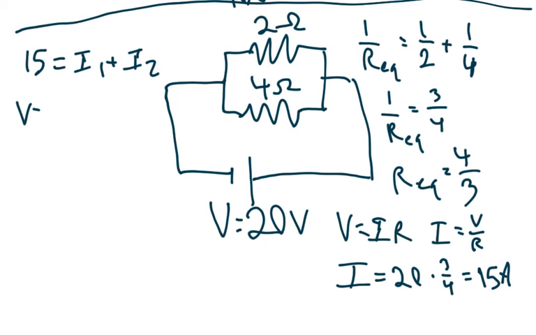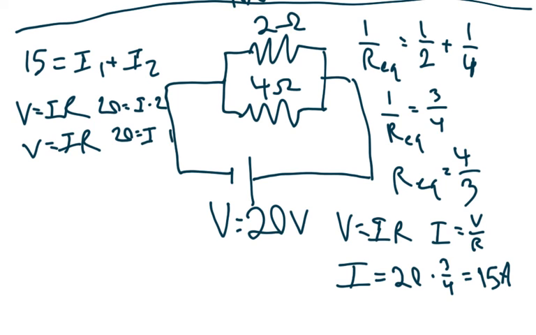We can just use V equals IR and say that 20 equals I times 2 and 20 equals I times 4, right? So I1 for the 2 ohm resistor is going to be equal to 10, and I2 for the second resistor is going to be equal to 5.